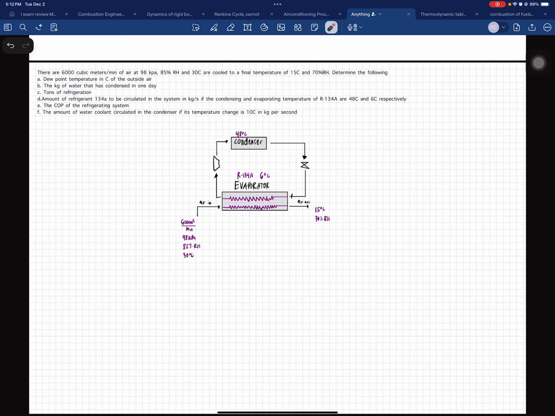Okay, so the amount of refrigerant, the amount of R134A that you must use to cool your air, right?